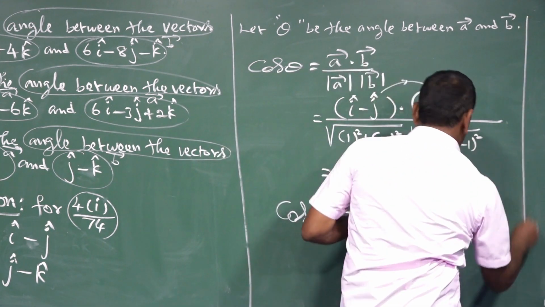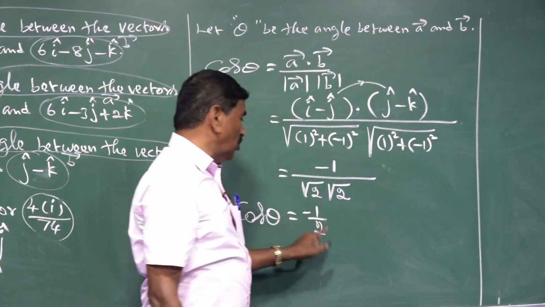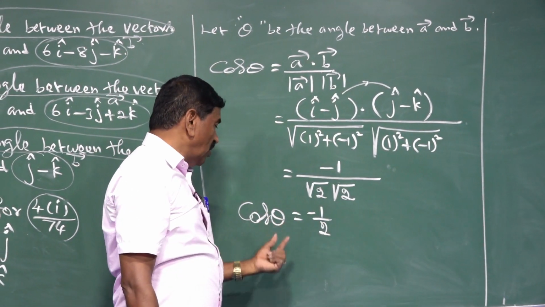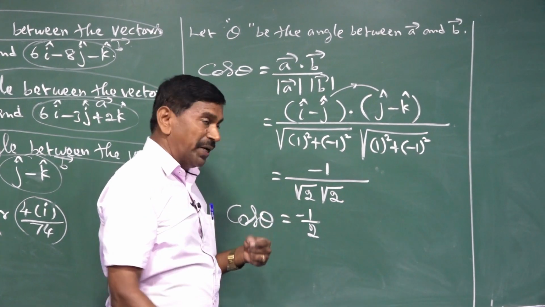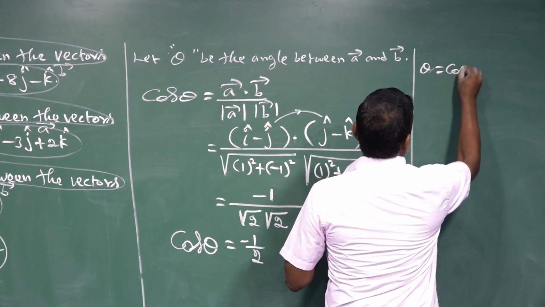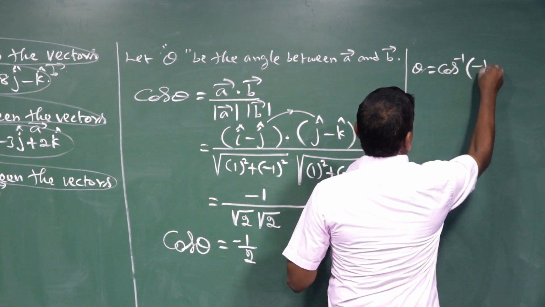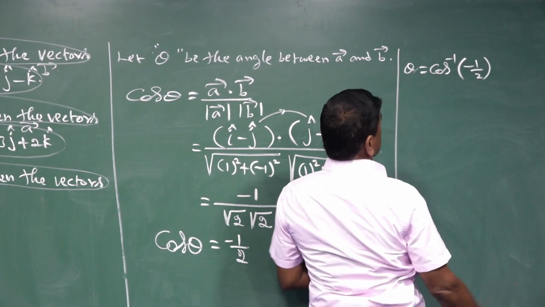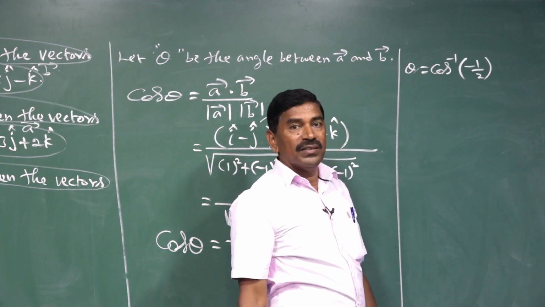Now listen. Cos theta equals minus 1 by 2. Therefore, theta equals cos inverse of minus 1 by 2. Okay, next step. Any formula? Very good.